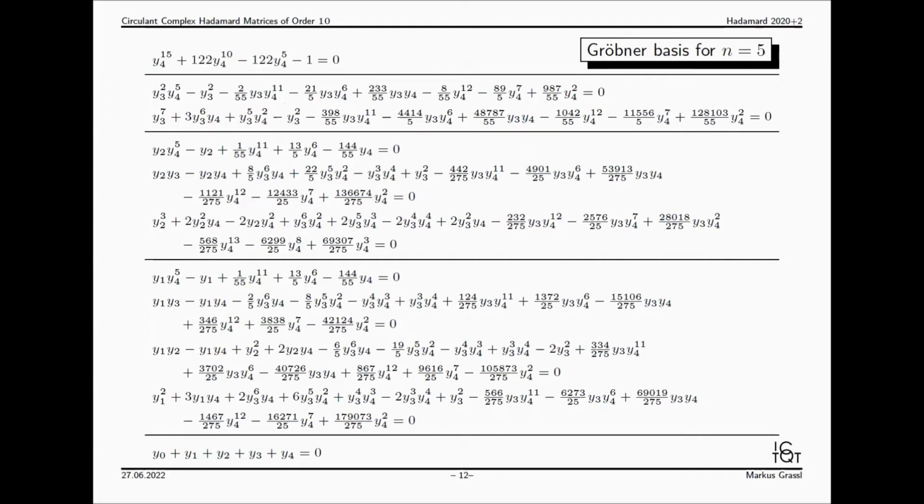Then we have equations involving y3 and y4. So if you have solved for y4, you can plug that in and solve the next set of equations. You might also run into conflicting equations; that's why you still have two of them. Then you have a set of equations involving 3 variables, 4 variables, and the final one is this trivial one, which is just that the sum of all variables equals 0.